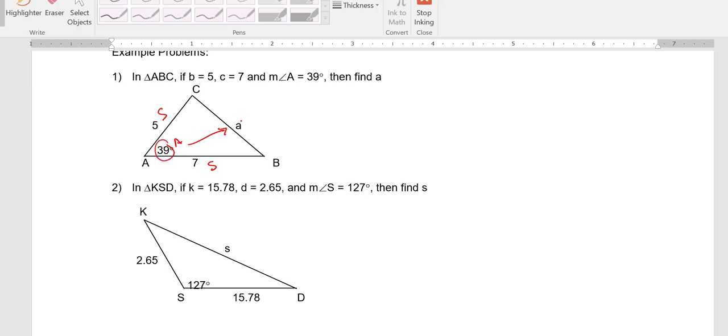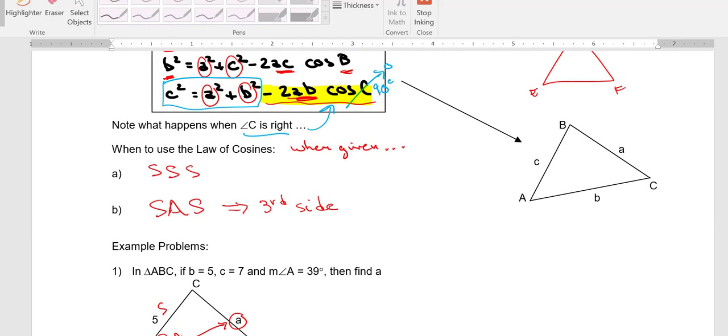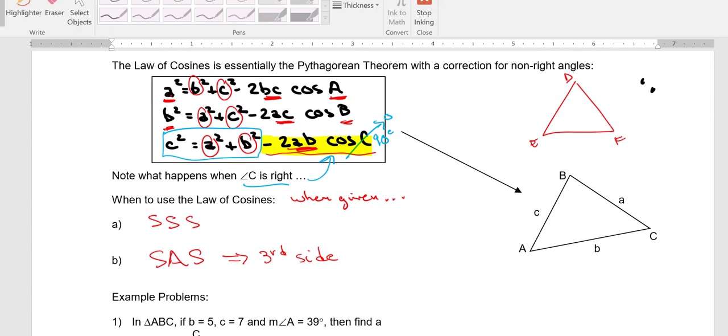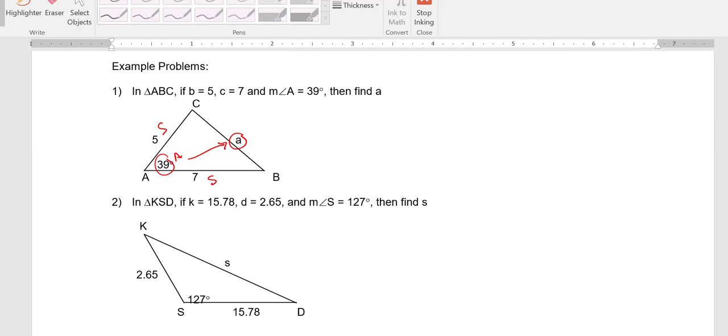Here's the A and here's the A. It tells me that if I'm trying to choose between the original 3 formulas that I gave you, this is the one I'm going to be using because it has a side A and an angle A in it. Okay, so it's going to be A squared equals B squared plus C squared minus 2BC times the cosine of angle A.